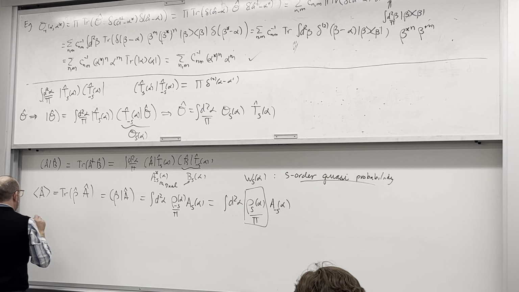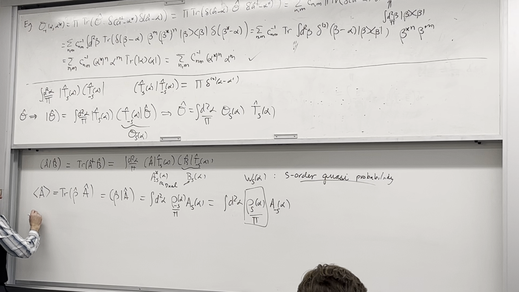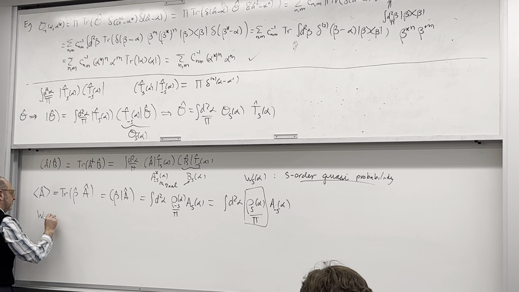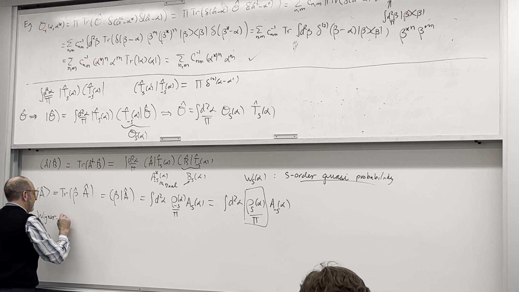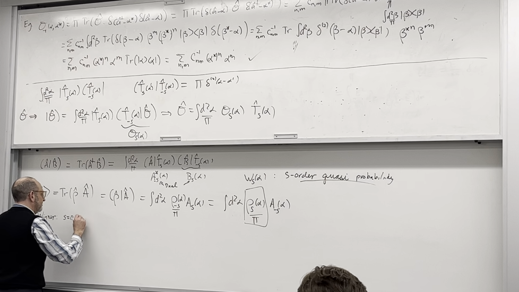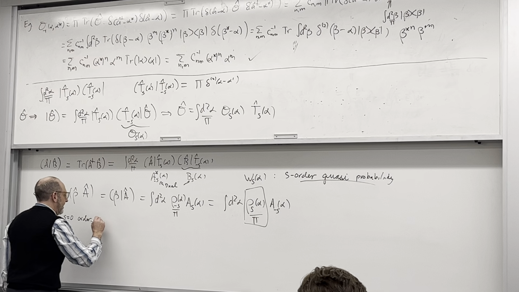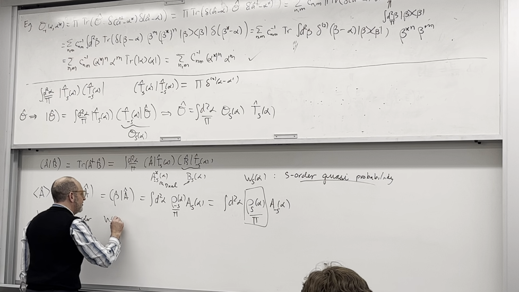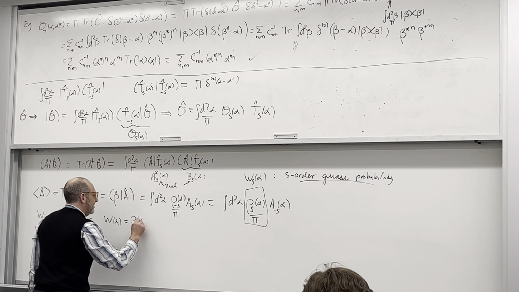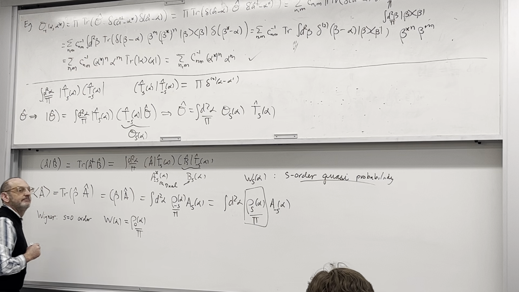So, the Wigner function is the S equals 0 order. That's W of alpha, this guy.